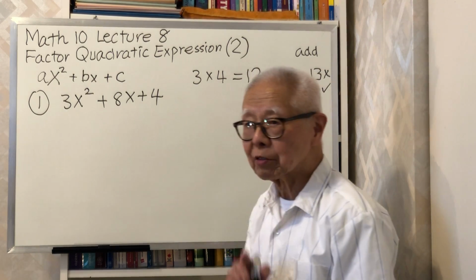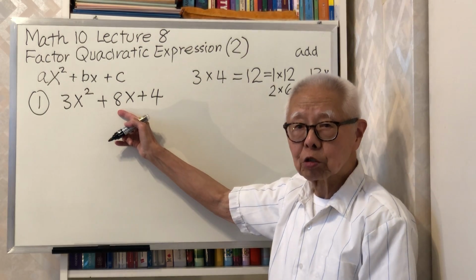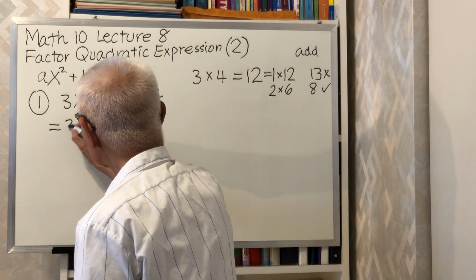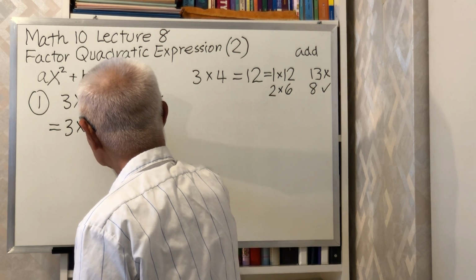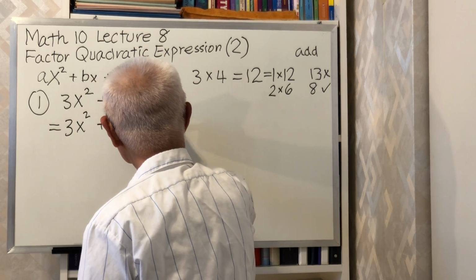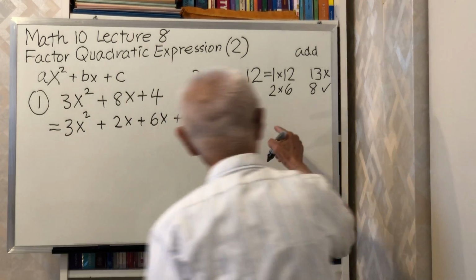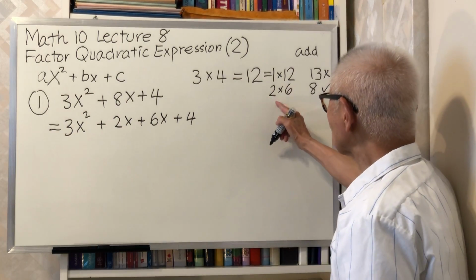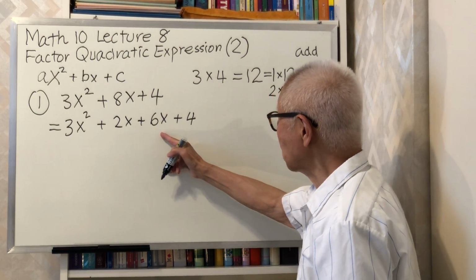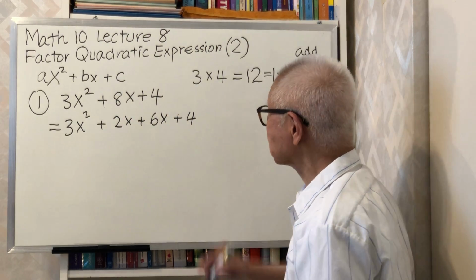Once I have 2 and 6, I break the middle term into 2 terms. 2x plus 6x is 8x.